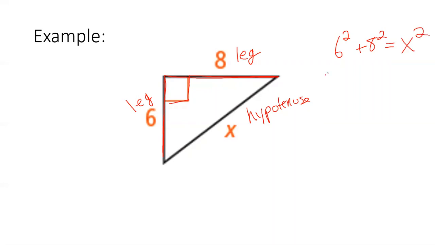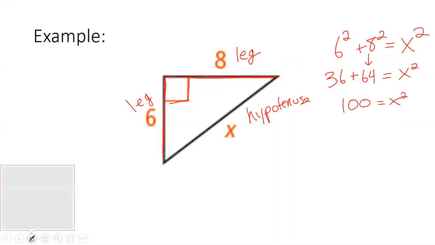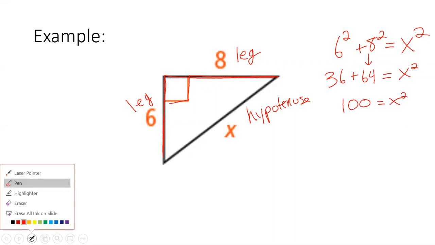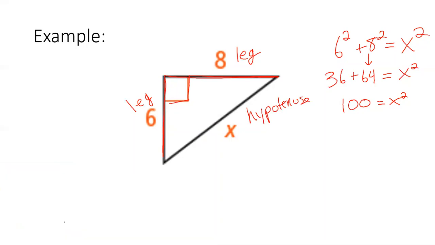So 6 squared is 36 plus 8 squared is 64 equals X squared. Combine like terms, 36 plus 64 is 100. And then we need to get the X by itself. So I'm going to take the square root of both sides.